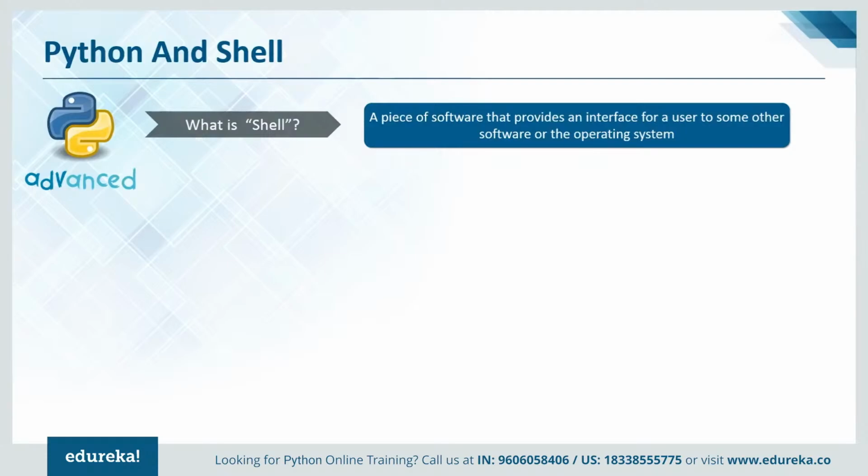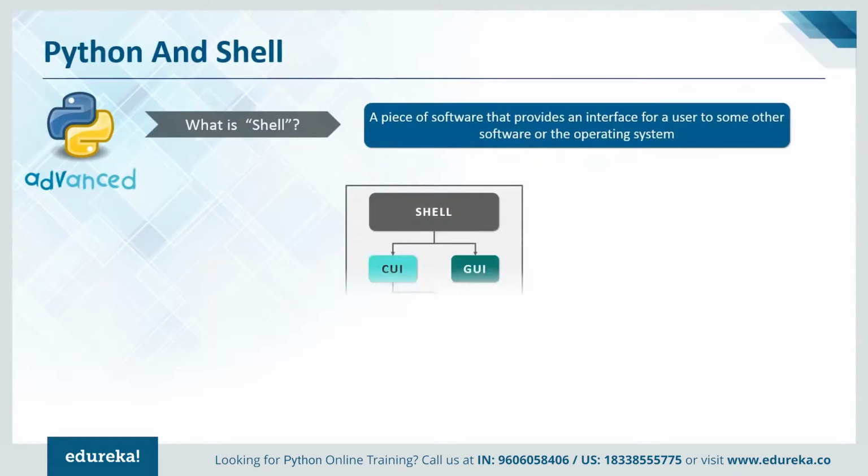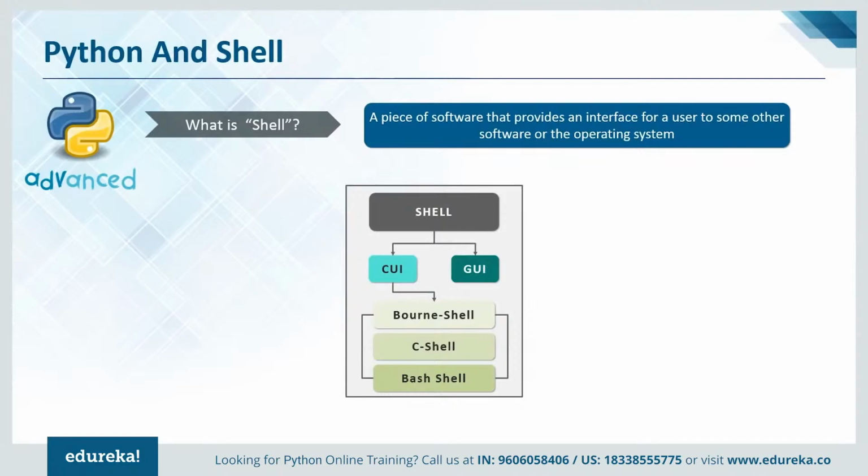The shell in computer science is generally seen as a piece of software that provides an interface for the user to use some operating system or software. So guys, the shell can actually be an interface between the operating system and the services of the kernel of this particular operating system. But a web browser or a program functioning as an email client can be seen as a shell as well. Well, understanding this, it is obvious that the shell can be of two types, right?